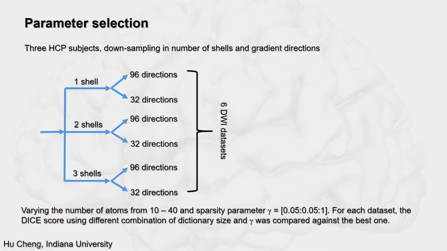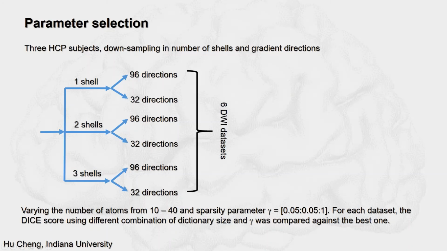So the one tricky part of the algorithm is the selection of the 2 parameters, n and gamma. To consider different acquisition schemes, we synthesized 6 DW datasets from each HCP dataset. We downsampled to one shell, 2 shells, 3 shells, and then 96 directions and 32 directions, so 6 new DW sub-datasets in total.